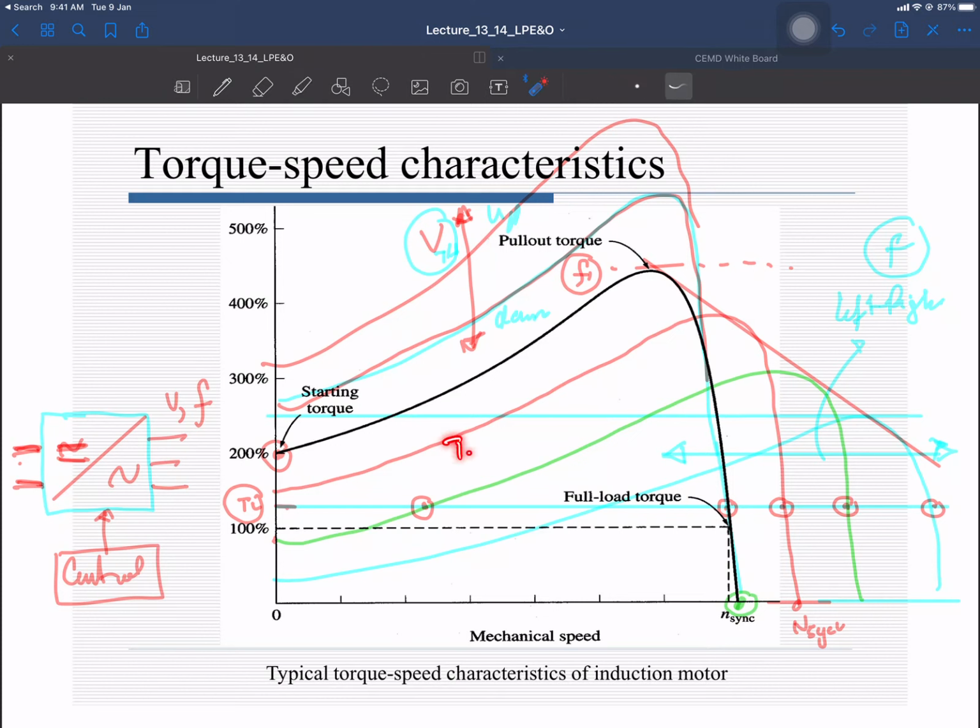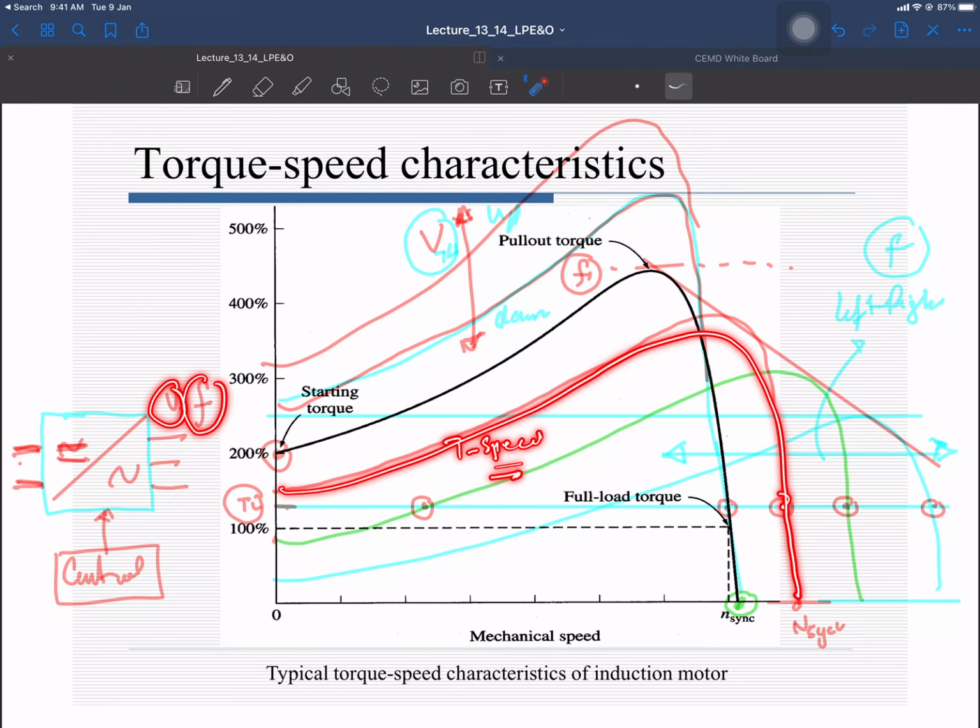so that you get a certain torque speed curve, because the torque speed curve is the most important one in the drives. With the help of the inverter you adjust the voltage, you adjust the frequency, and the torque speed curve is changing, and basically you are tracking the point at which you want to operate your machine. If you want to operate your machine at this point, you will have to carefully look at whether your machine can start this load or not.